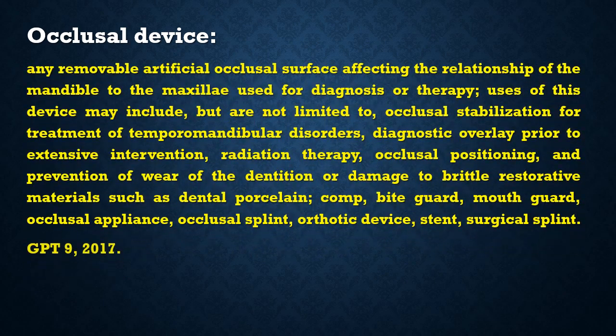Or a newer definition, according to the Glossary of Prosthodontic Terms, 2017, it's any removable artificial occlusal surface affecting the relationship of the mandible to the maxilla, used for diagnosis or therapy. Uses of this device might include, but are not limited to, occlusal stabilization for treatment of TMJ disorder.